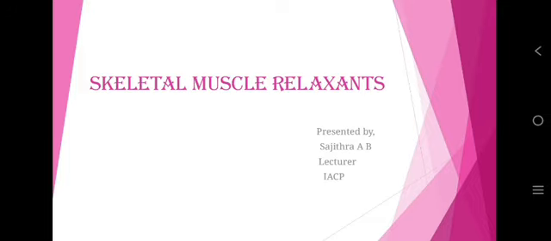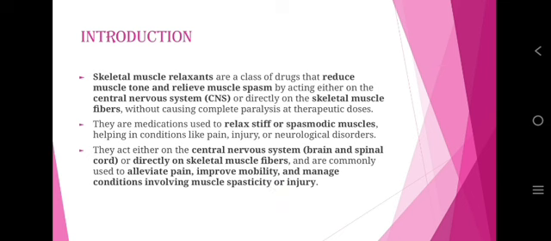Now we move on to the intro part of our session. First of all, we should know about skeletal muscle relaxants. What is a skeletal muscle relaxant? Skeletal muscle relaxants are a class of drugs that reduce muscle tone and relieve muscle spasm by acting either on the central nervous system or directly on the skeletal muscle fibers, without causing complete paralysis at therapeutic doses.